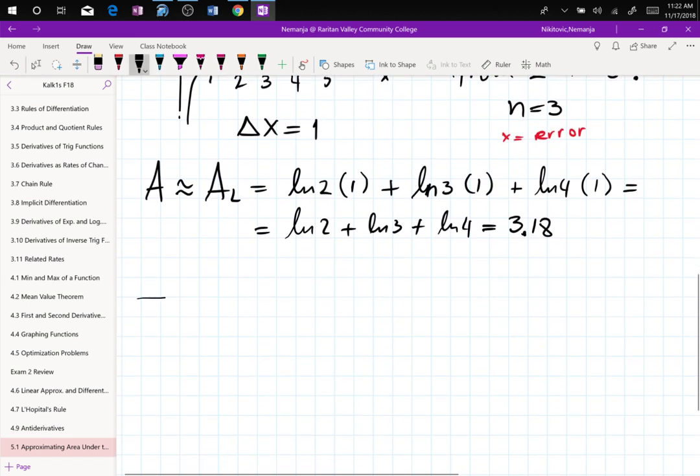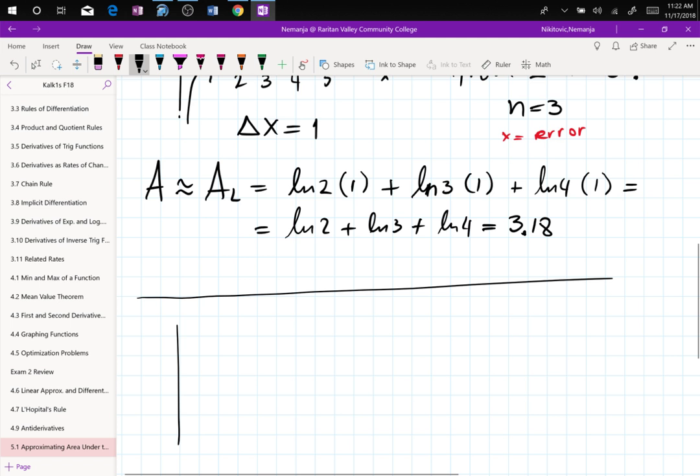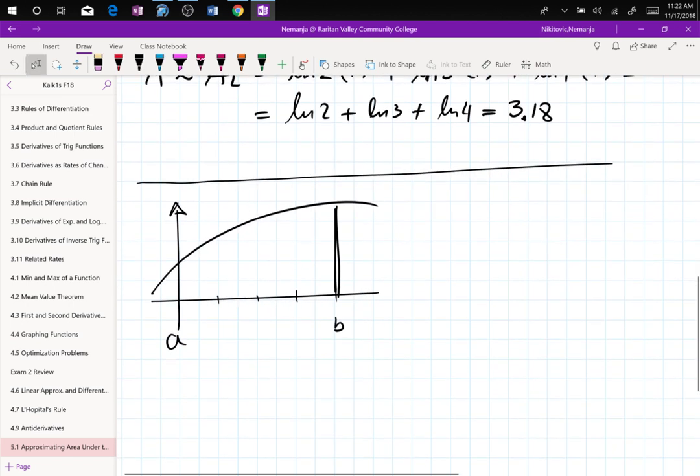So now, what's happening with the other rectangles? Let's say I want to calculate from A to B using the right rectangles? Well, we are going to make these partition, the divisions, right? And then we are using the right corner for each rectangle to draw the rectangle, which means this.